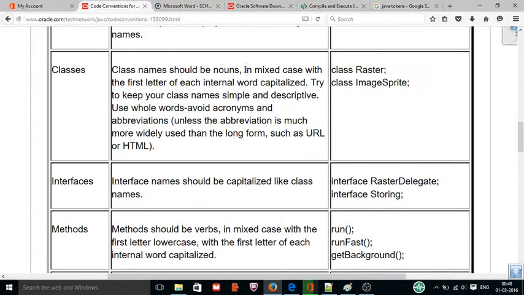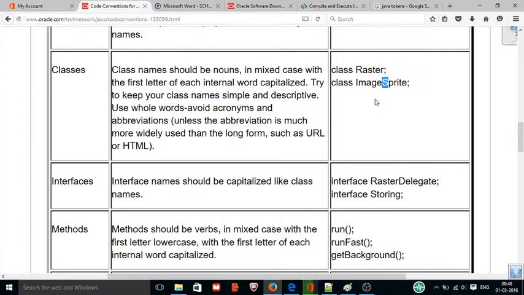What is it saying? See over here, this is mixed case. In mixed case, the first letter is capital. This I is capital, then the subsequent word's letter is capital. This S is capital.